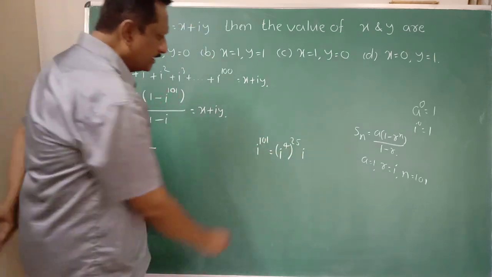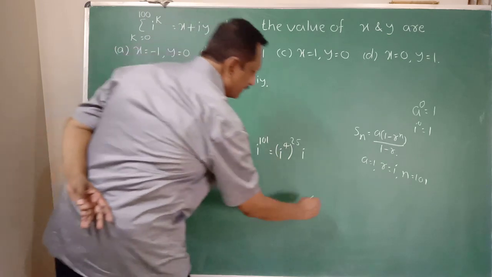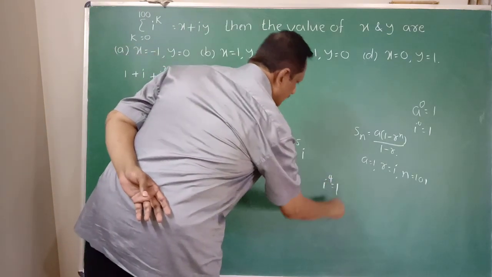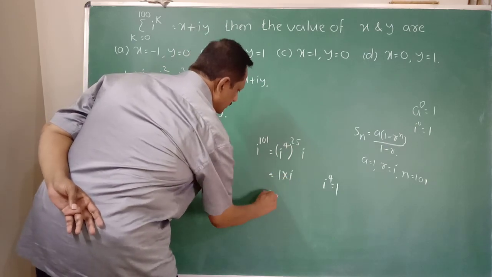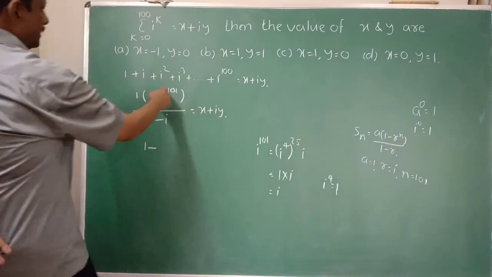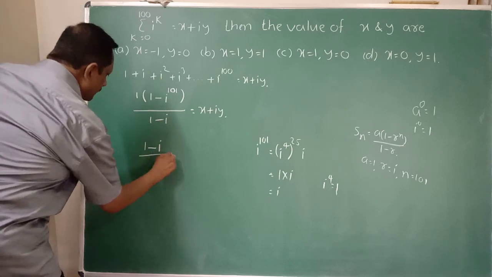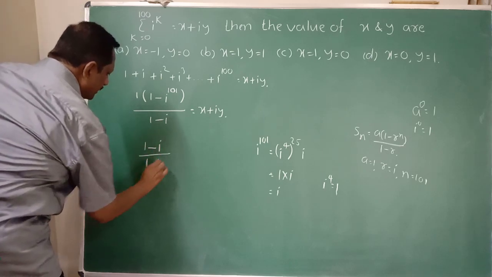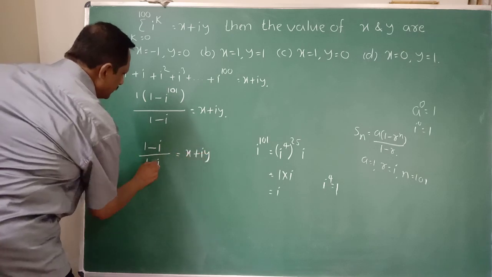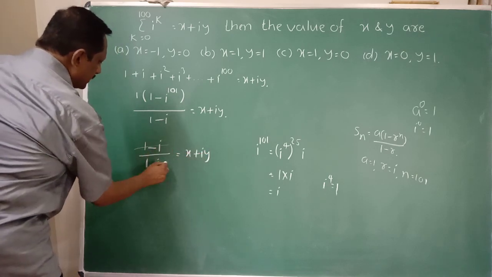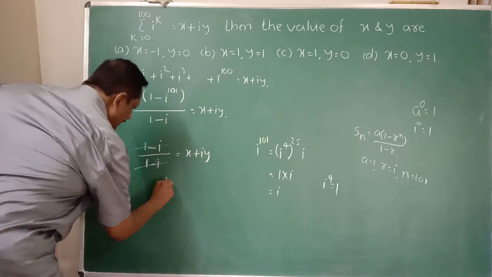Then i raised to 4 is how much here? 1 here. i raised to 4 is always 1. 1 raised to 25 is 1 here. 1 into i, so it is i. Therefore, this is i divided by 1 − i, that is equal to x + iy. 1 − i and 1 − i get cancelled here. Therefore, remaining is what here? 1.